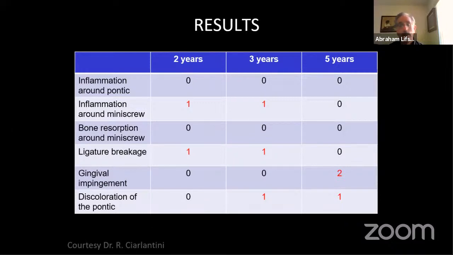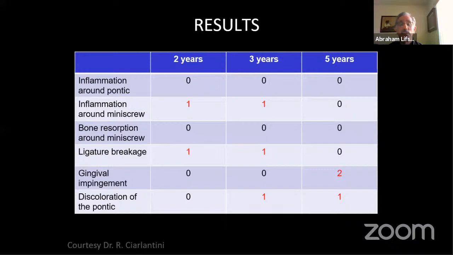There was inflammation around the meniscus on one patient at the 2-year mark and at the 3-year mark. There was obstruction around the meniscus. There was a ligature breakage on one patient in the 2nd year and in the 3rd year. There was gingival impingement on 2 meniscus at 5 years.